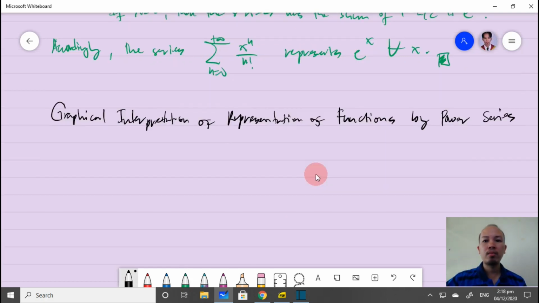Okay, for this topic, let's have a graphical interpretation of representation of functions by power series.